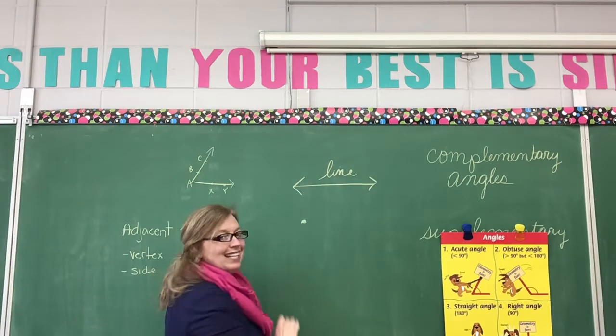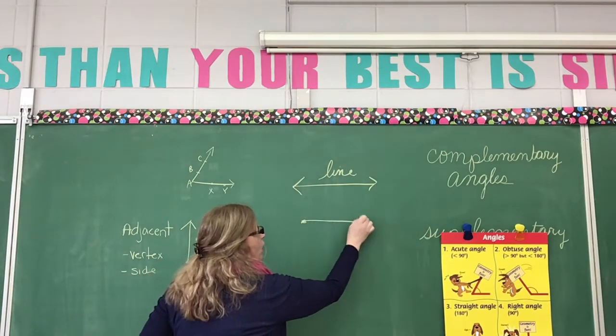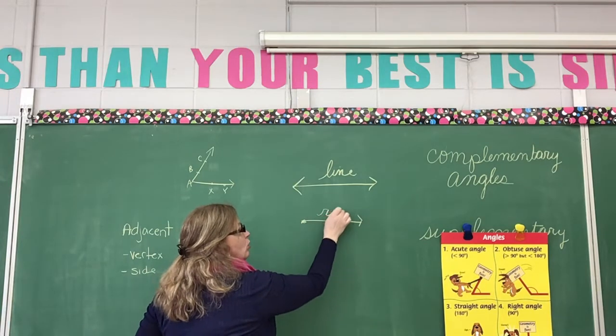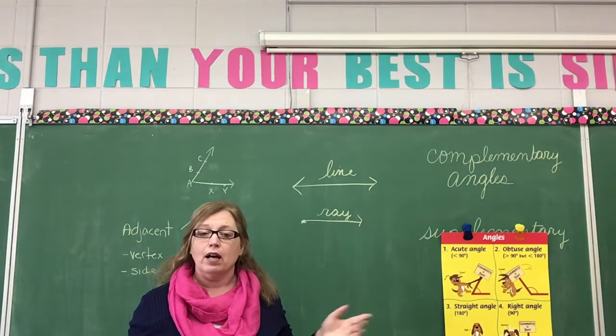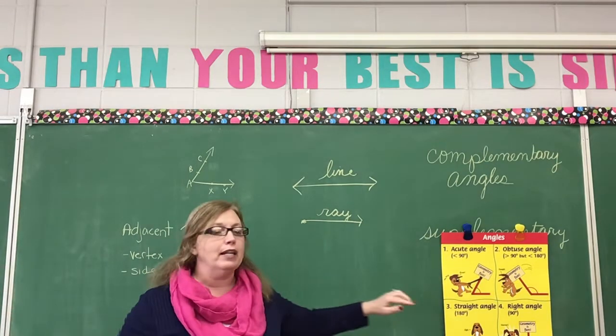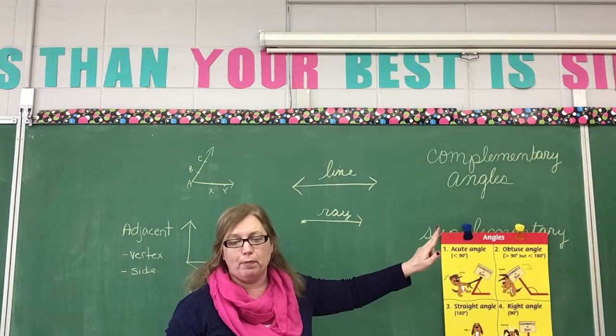However, if it has an end point, a stopping point or a beginning point, this is called a ray. A ray can go in any direction. A line will go indefinitely in both directions. A ray has a beginning point but no ending point.